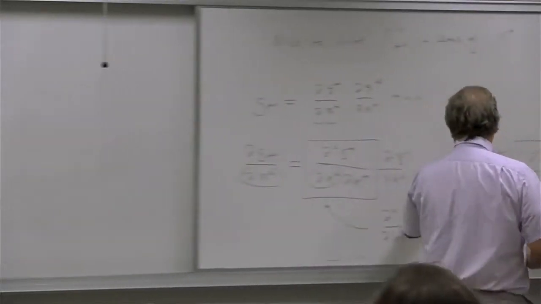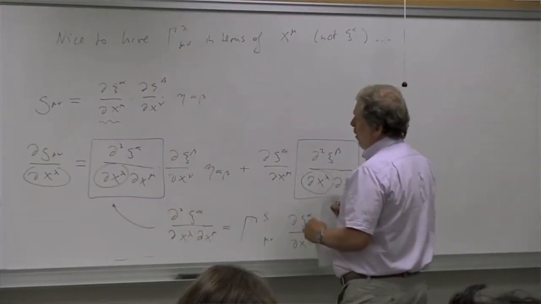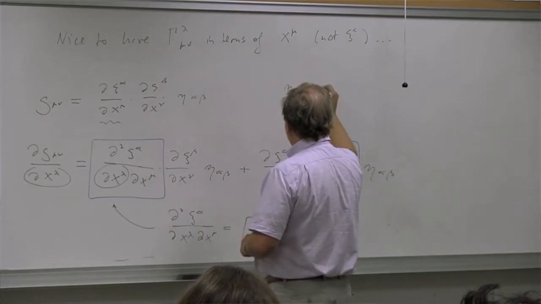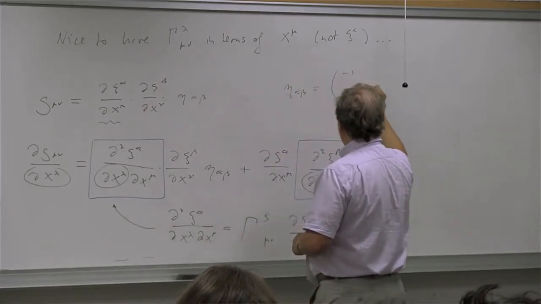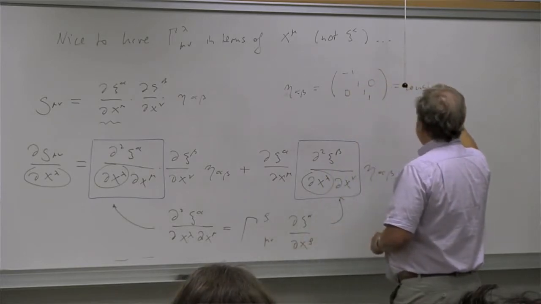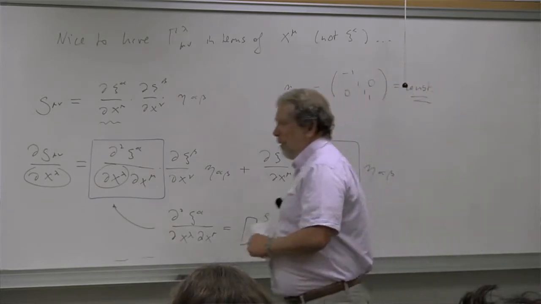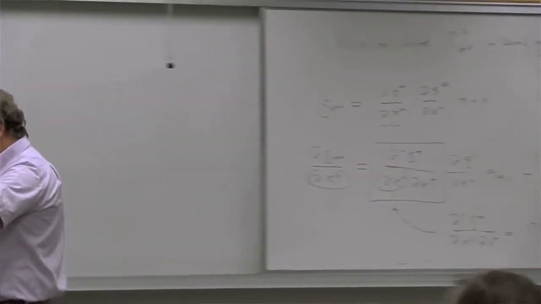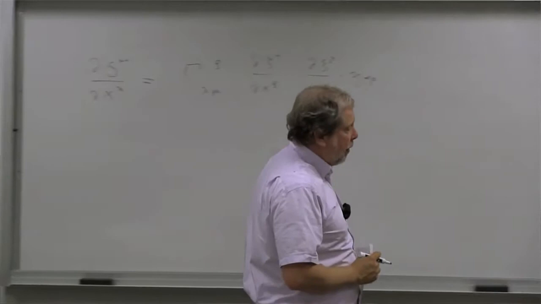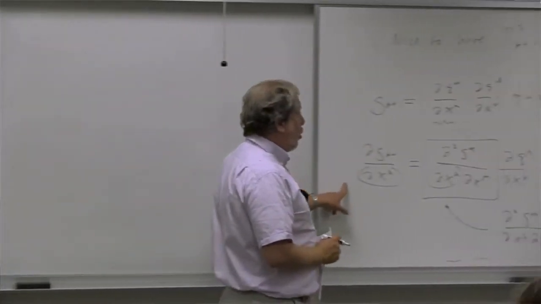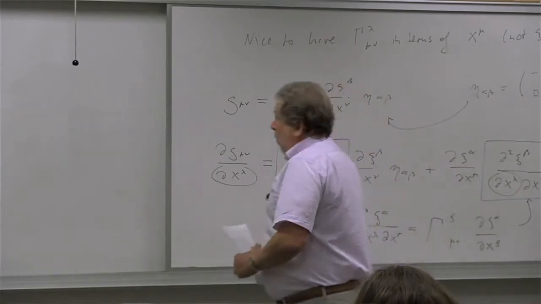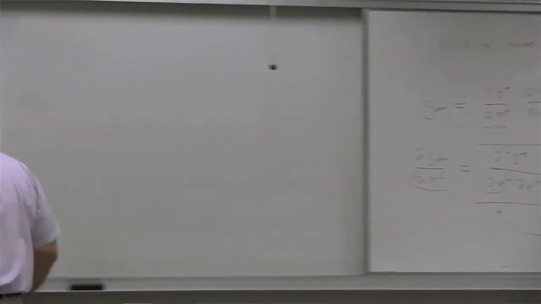Now remember that there is no derivative of eta alpha beta with respect to x lambda, because of course eta alpha beta is just our minus 1, 1, 1, 1, and 0 everywhere else. So this is clearly a constant. When you take the derivative with respect to x lambda, that's always 0. So that's why there are only 2 terms when you take this derivative and not 3, right? So that's one term.